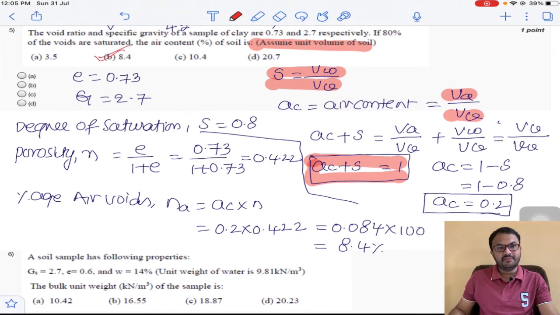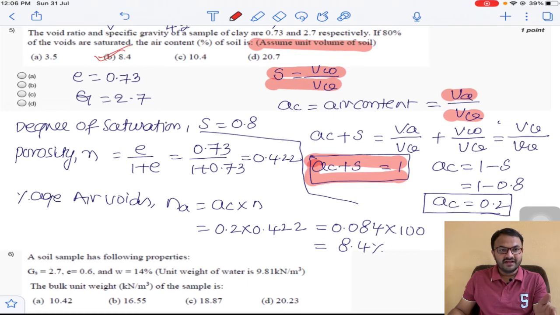So there are 8.4 percent of air voids in the total sample of soil. So here you need to observe two points. Air content here we got as 0.2, that is, out of total voids 20% of the voids are filled with air, remaining 80% of the voids are filled with water.